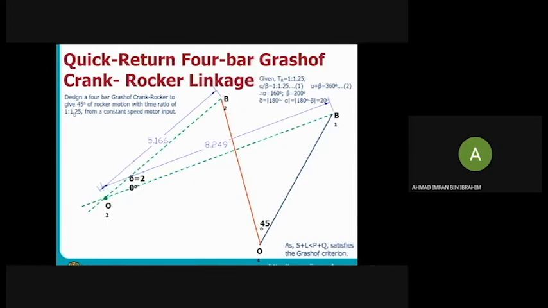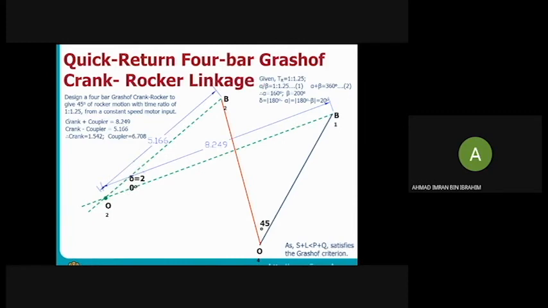To find point A, you need to measure the distance from O2 to B1, B2. B2 to O4 is always a constant, right? So when you measure from here to here, you got 8.249, and then you measure from O2 to B2, 5.166.